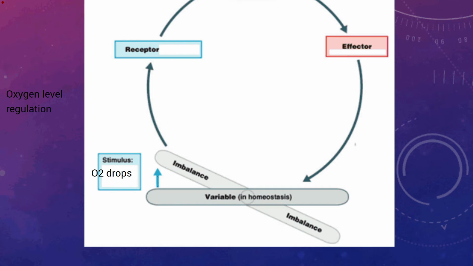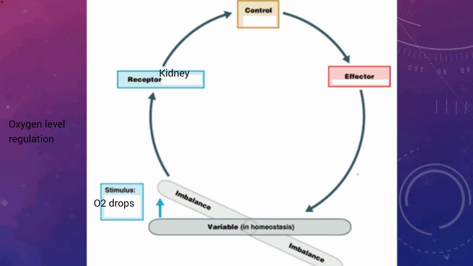The sensor or receptor for that is the kidney. Move our picture down a little bit. As a control, the kidney releases erythropoietin. My text box keeps jumping around.